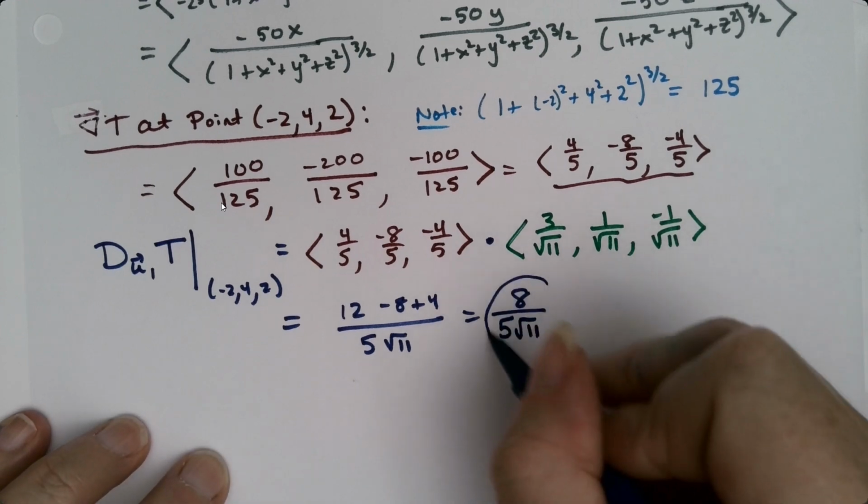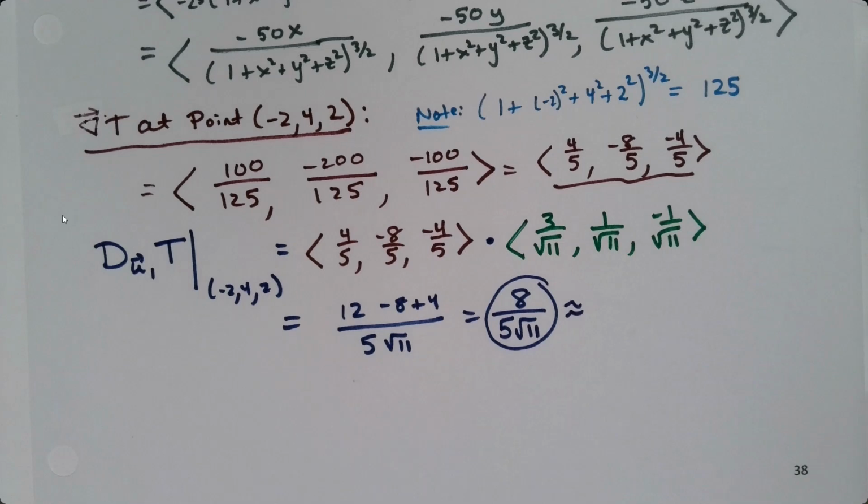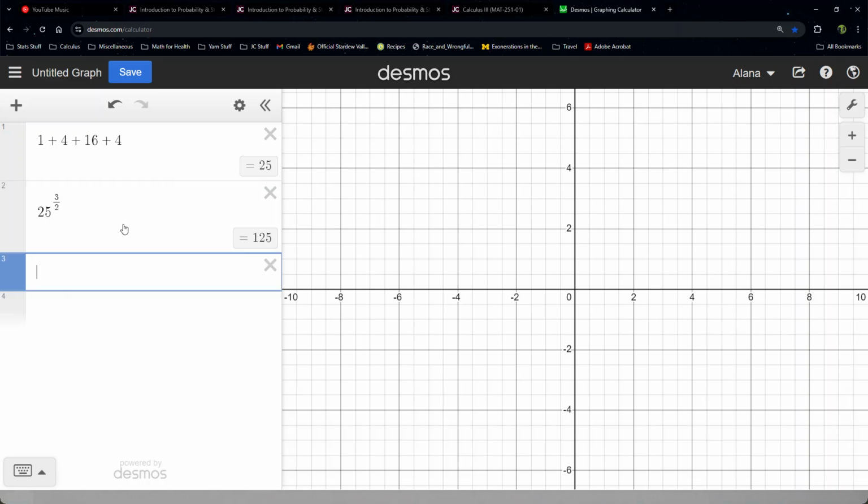And of course, we can come up with a decimal approximation for that, just in case we're curious to know the magnitude of it. So it's about 0.482.